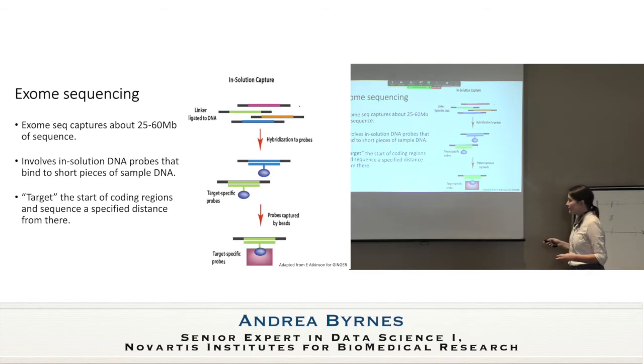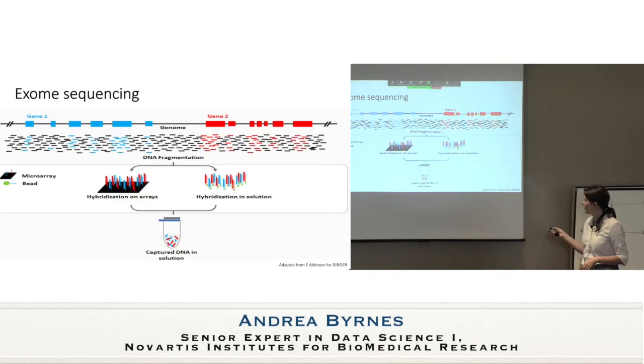It involves in-solution DNA probes that bind to short pieces of sample DNA, and they're designed to get right around the genic region, kind of like parentheses, where you're trying to capture the gene just so and slice out that part of the DNA and then put that into your next generation sequencing reaction. So they target the start of coding regions and then sequence a specified distance from there, is another way to think about it.